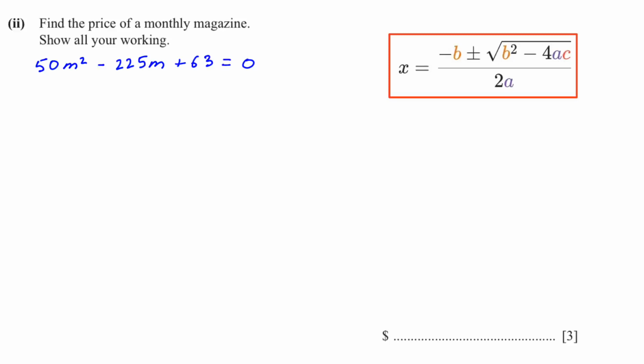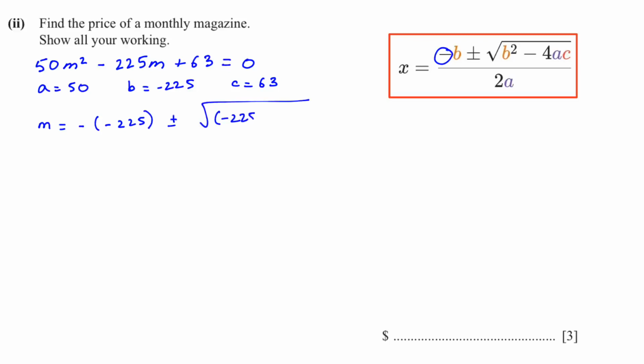Before we start, let's write down our A, B, and C. A is 50, B is negative 225, and C is 63. We just have to replace in the formula. Remember, there's a negative here. So be careful because even your B has a negative.